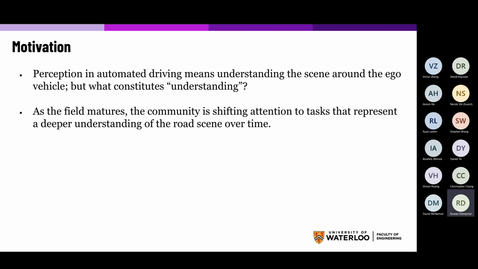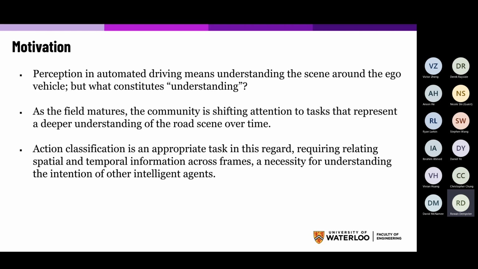So we're seeing over time in the research community these specific tasks that are being challenged to the research community are heading towards a deeper understanding of the road scene. And the data set that we focused on is one of the forebearers in that sense.